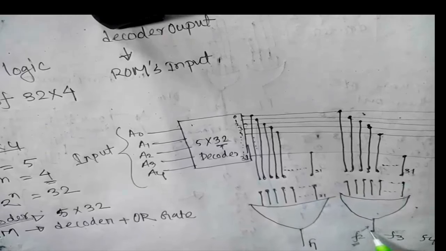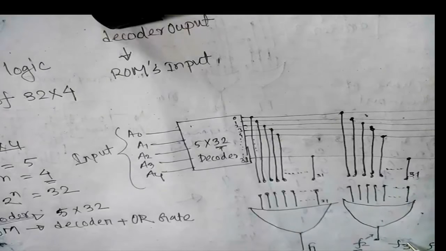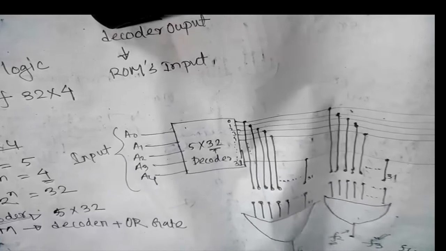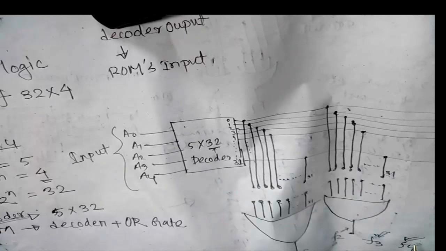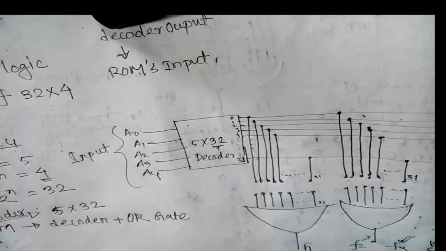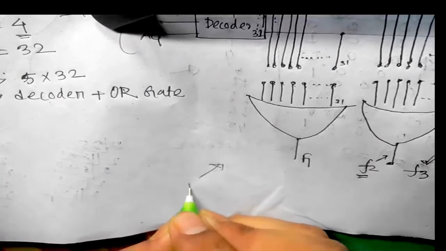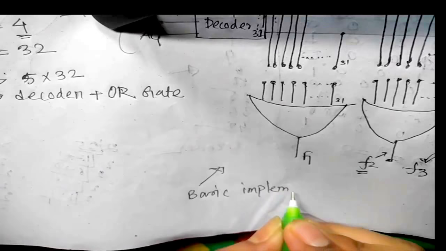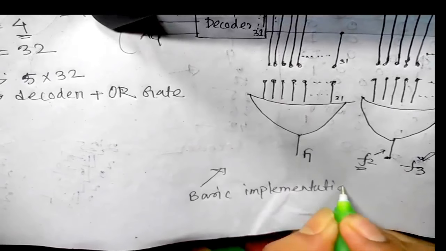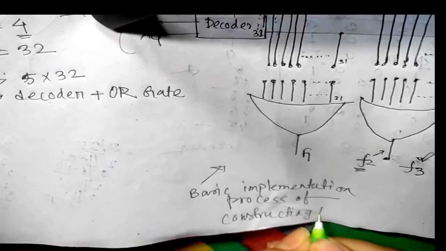That is F2, and you will also need to construct F3 and F4 also. This is the basic implementation process of constructing ROM.